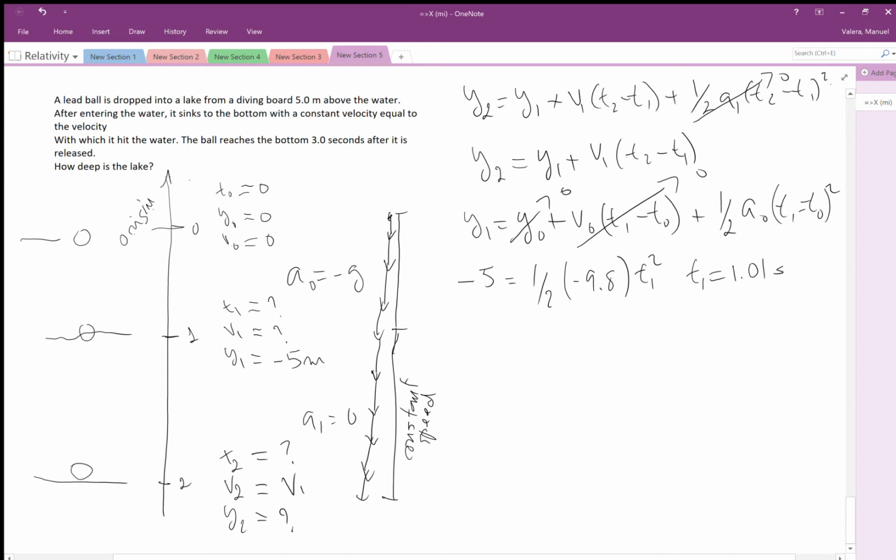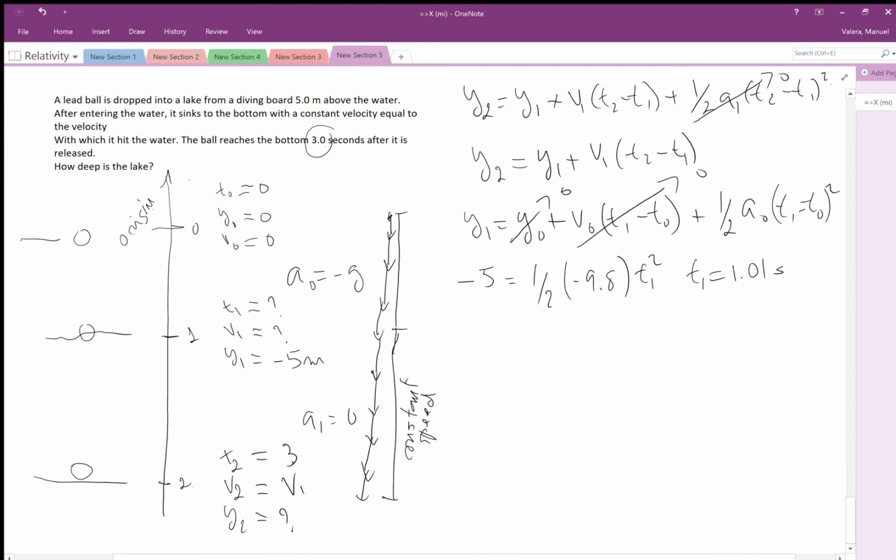So I know now this t1 here. So now I can go ahead and put t1, and then let's see what else we need. We need t2. But we know t2. We were told t2 here. When I wrote my things that I know, this t2 is 3 seconds, because it says 3 seconds after it was released, it hit the button.